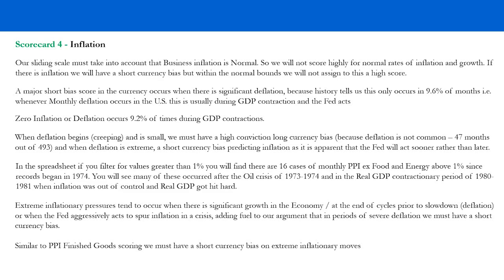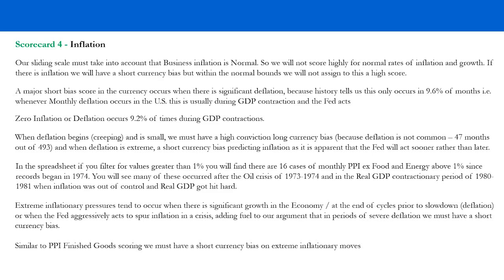Now, when deflation is small, so begins creeping, we tend to have a high conviction long currency bias because it's not common. We get 47 months out of 493. And when deflation is extreme, a short currency bias predicting inflation is the way we're going to look at it, because it's going to be apparent that the Fed will act sooner rather than later.